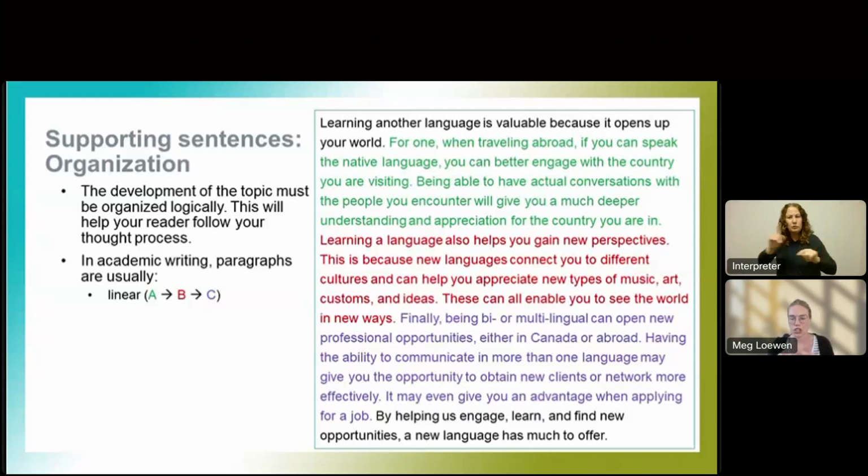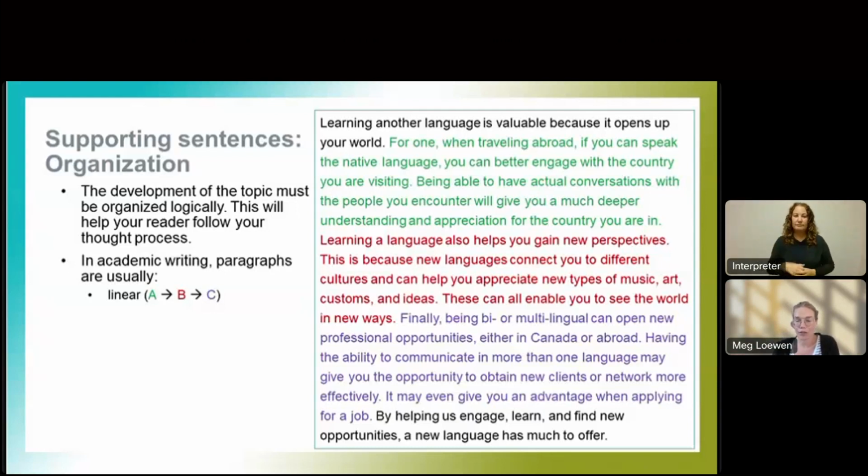There's no repetition of points. You're not going on tangents. You are staying on this line that follows that one topic, and you progress through the points in order until you are done. So I've color-coded the letters here, A, B, and C, with the colors of our supporting points in the paragraph.